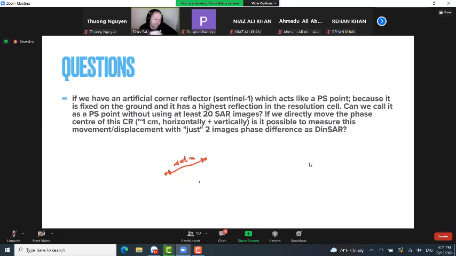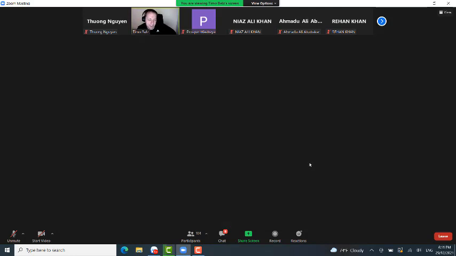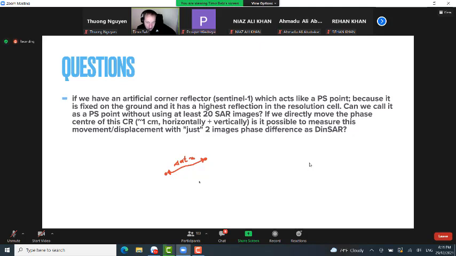Let's say they are less than a kilometer, the number we use is 2 kilometers. If they are less than 2 kilometers apart, the changes caused by differences in the atmosphere are very small. We can basically ignore them. And then you need not 20 images anymore. You could do with 3 or more over time.